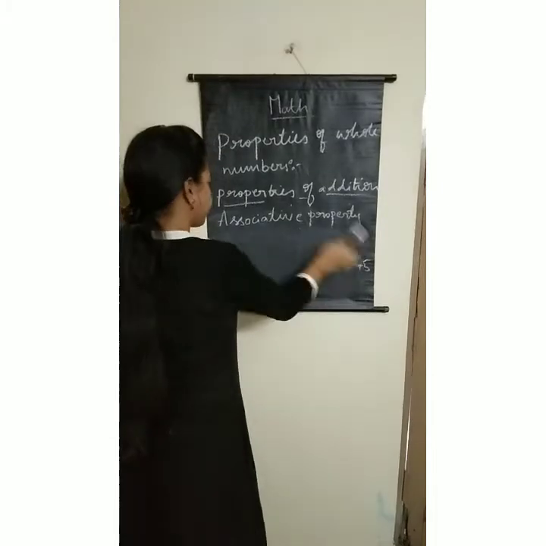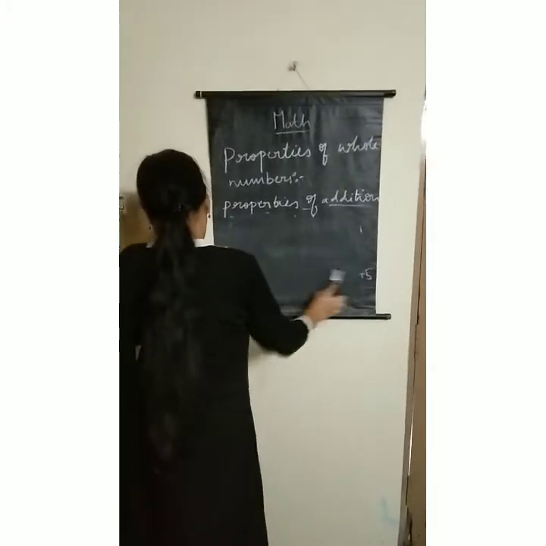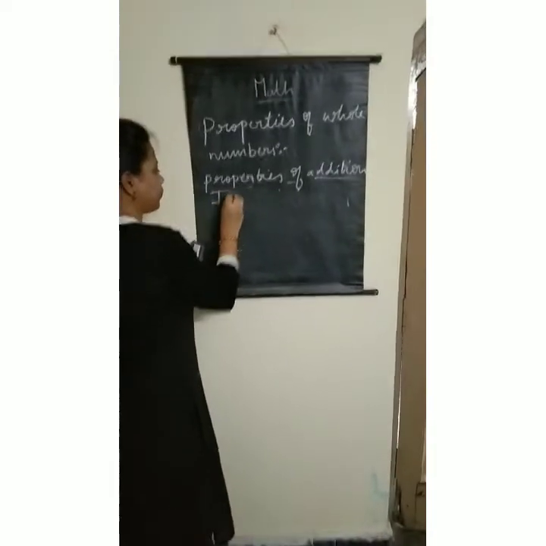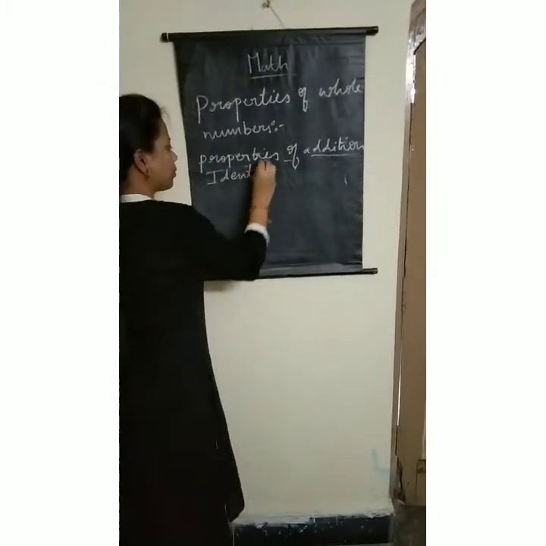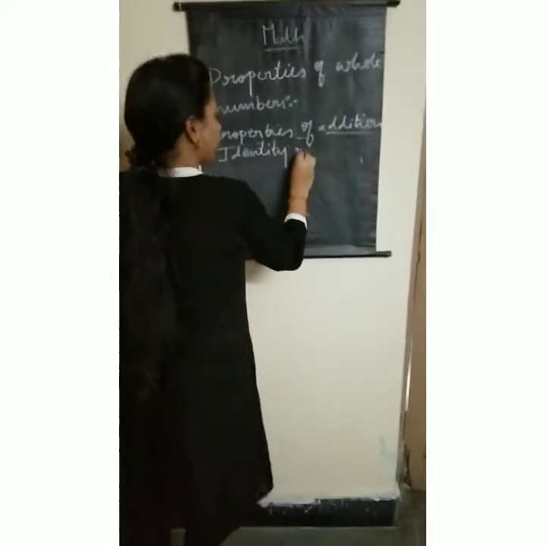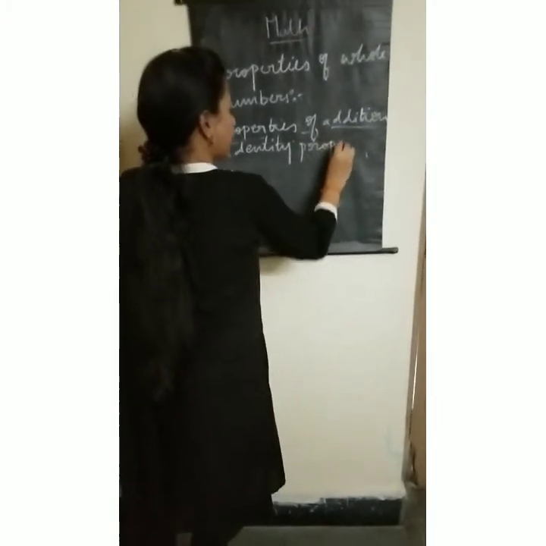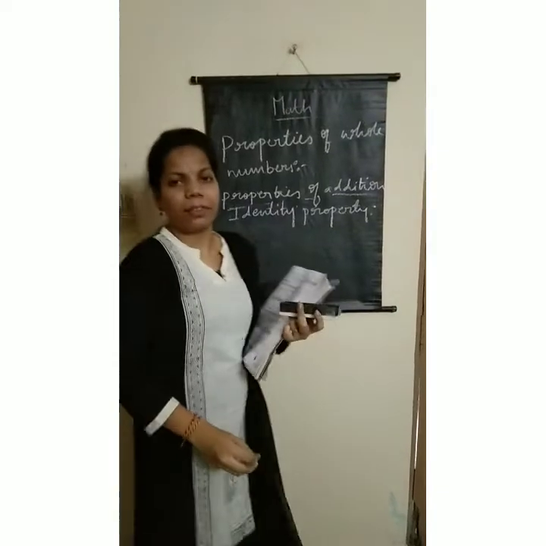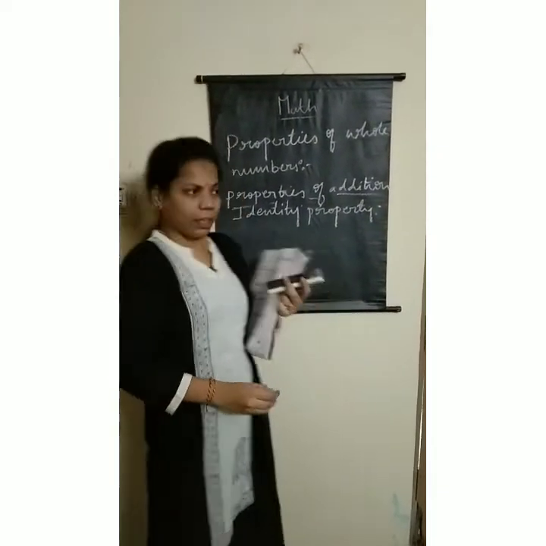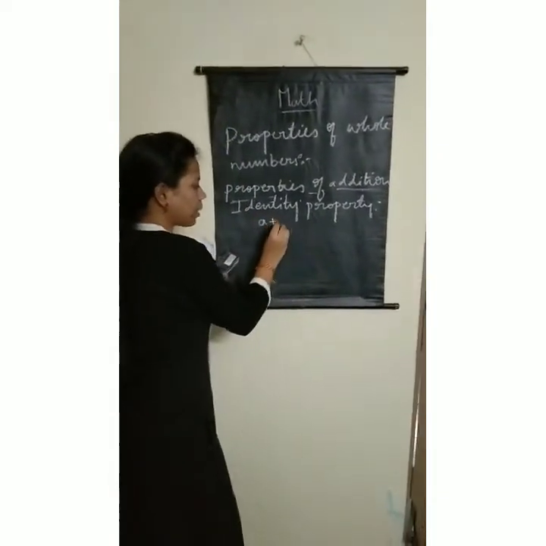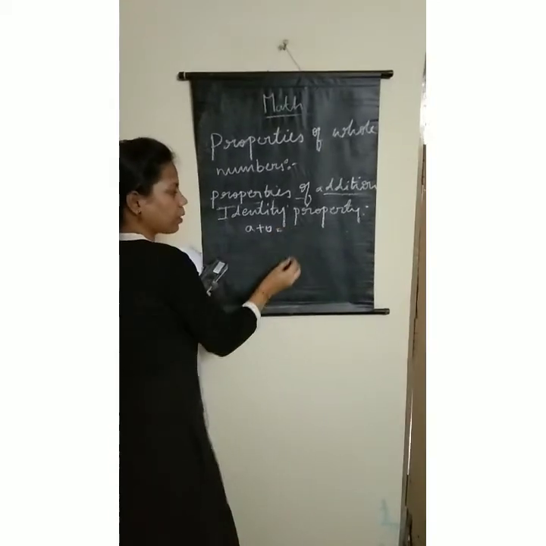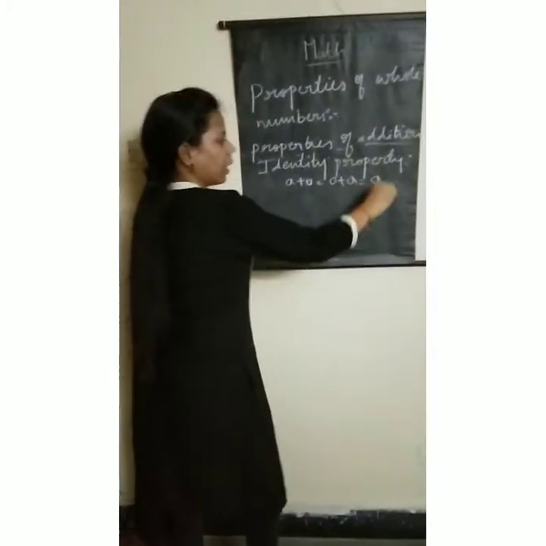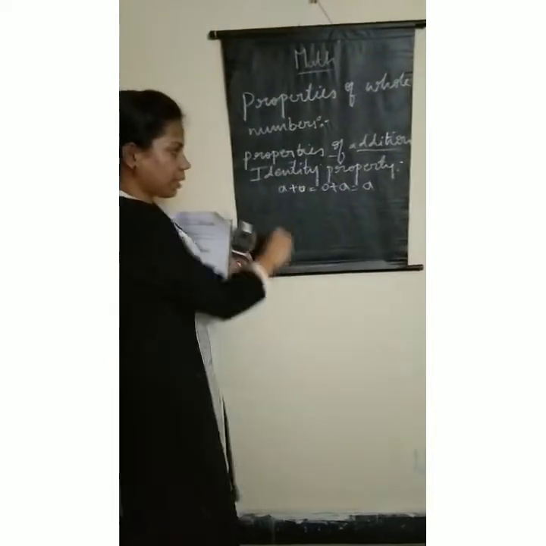Next, identity property. If A is a whole number, then A plus 0 is equal to 0 plus A is equal to A. Let us see.